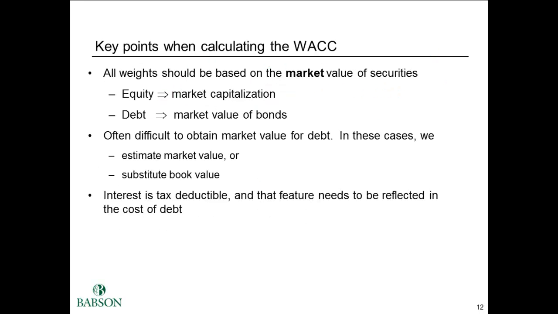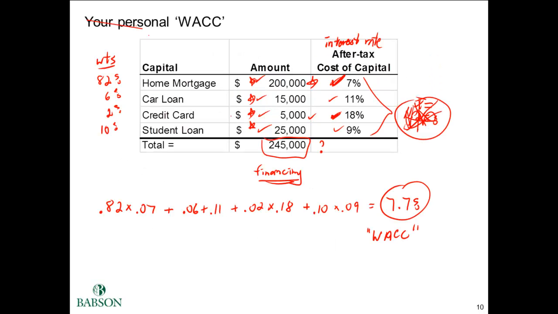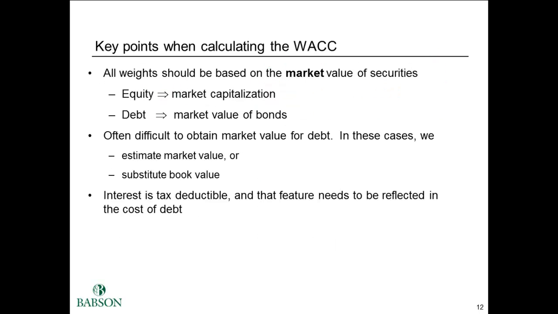A few things. When we're estimating the weights, we see here on this example that we kind of understand that a mortgage is $200,000, the car loan is $15,000, the student loan is $25,000. But what about equity? Should we take the book value of equity, which represents the equity at the lower of cost or market, or the equity that was invested into the business originally, or should we take the market value of the equity?